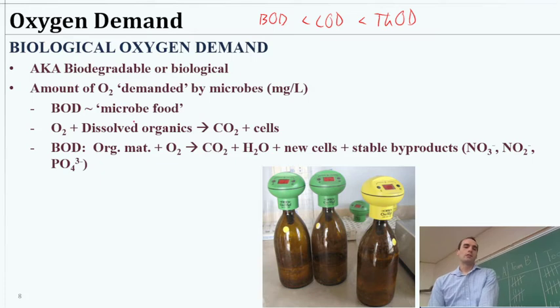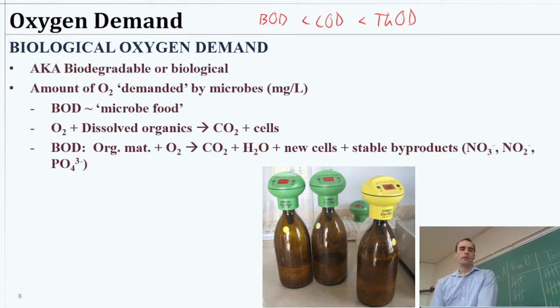We're taking oxygen and eating those dissolved organics to form CO2 with respiration, but also some cells and some other byproducts that may not necessarily be a complete oxidation of the material. So this is one of the reasons why it's not going as far in terms of oxidation as the COD would.